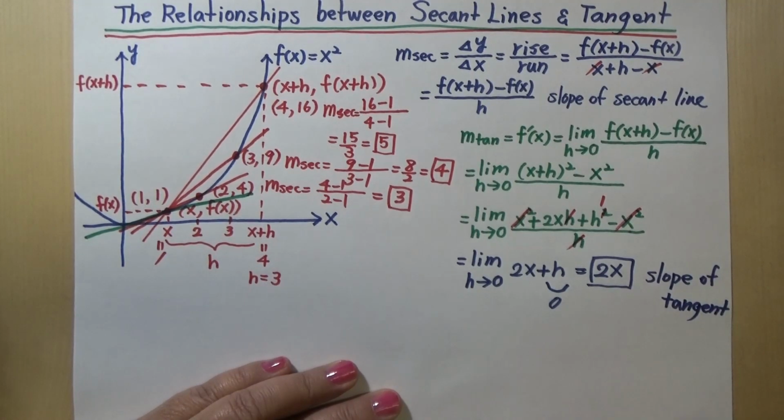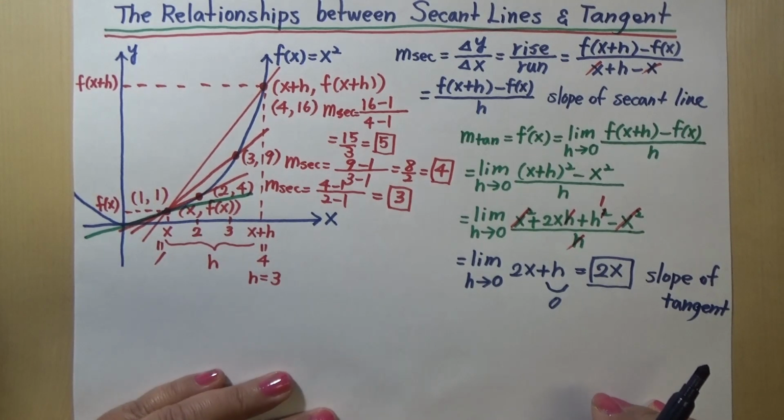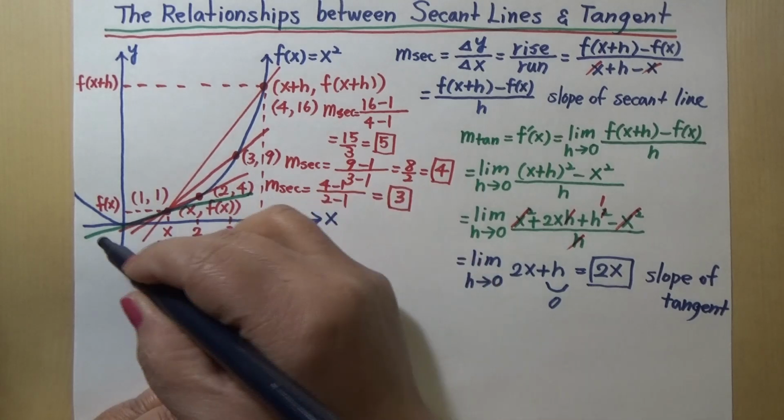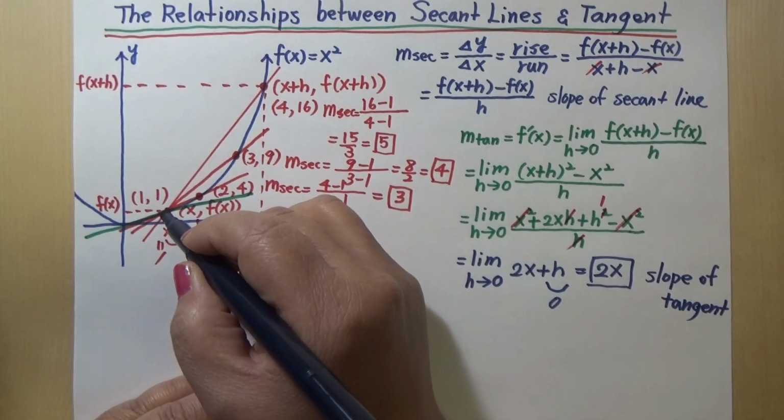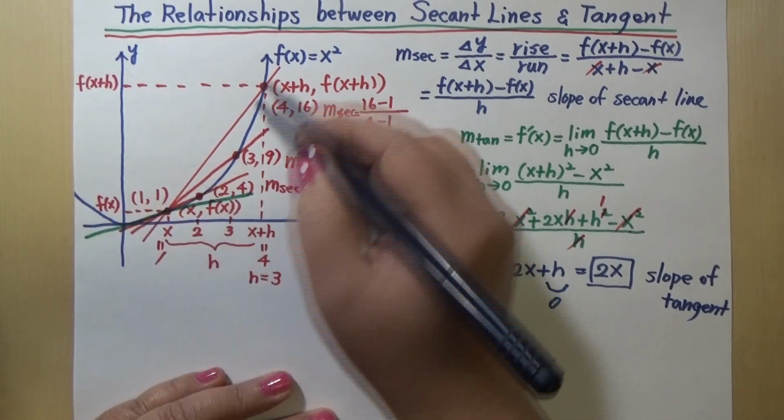And now we can find the actual number for the slope of the tangent, because this tangent line touches the point 1, 1 on the curve.